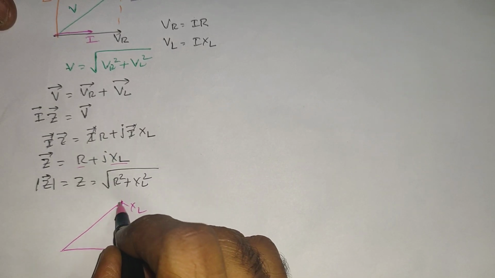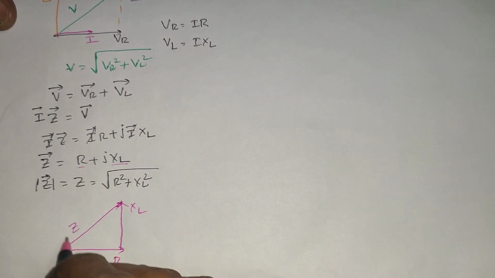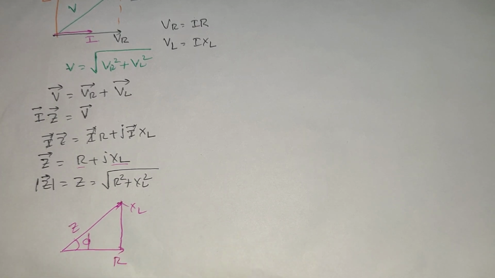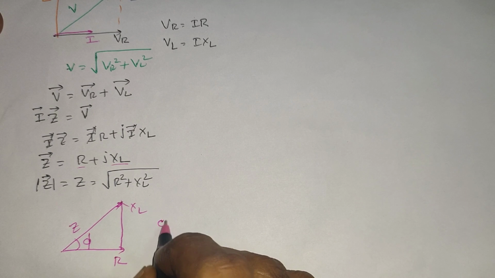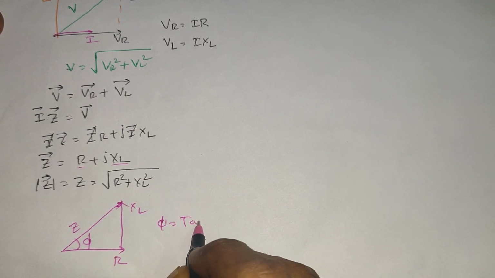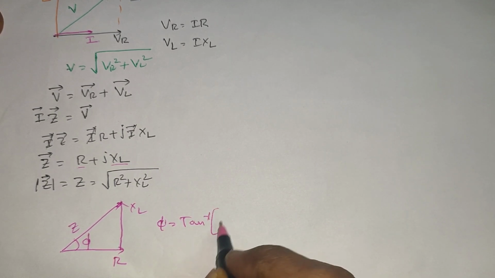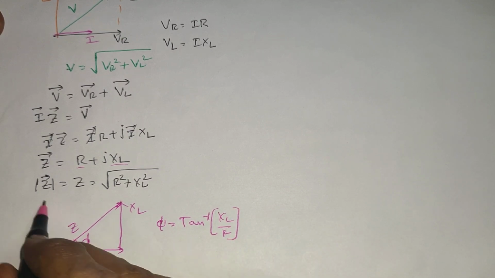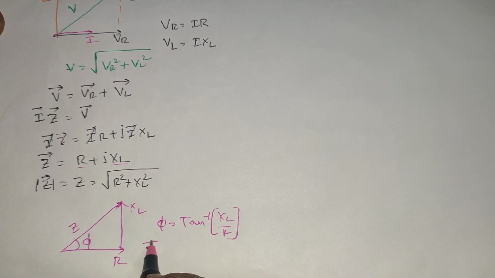This combined effect is known as Z. Say this is the phase angle phi. So we get phi as equal to tan inverse of XL divided by R. Ultimately, the vector Z bar can be represented as Z at an angle of phi.